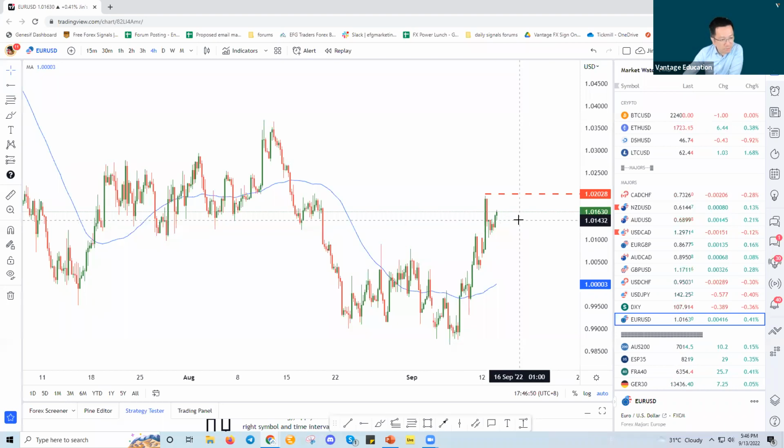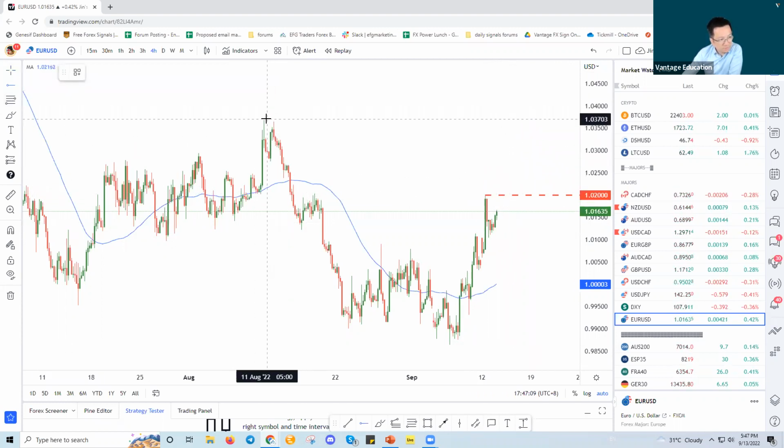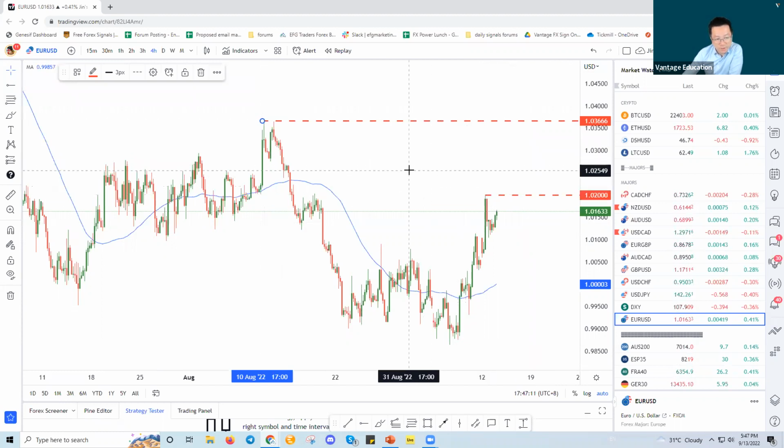So in this scenario, EUR/USD pushing towards the upside. If it does break above that 1.02 level, most people will be thinking you could be looking to buy it, take profit maybe towards that 1.0366 level.